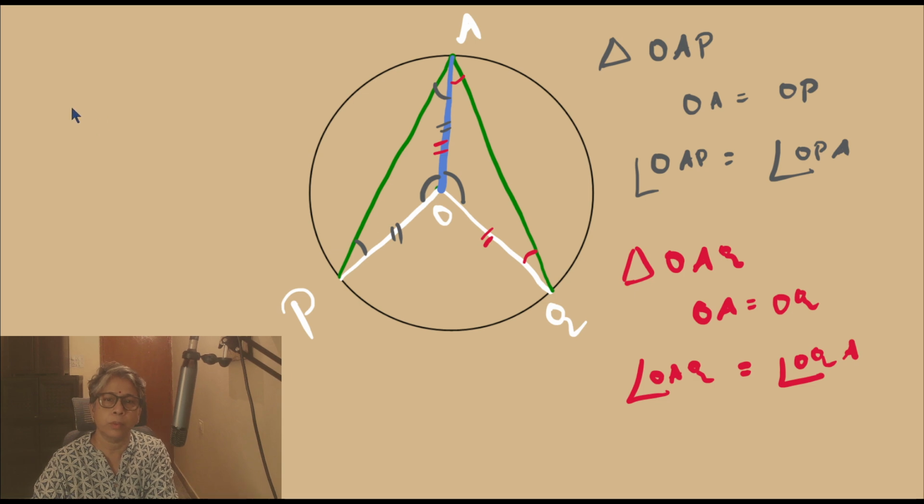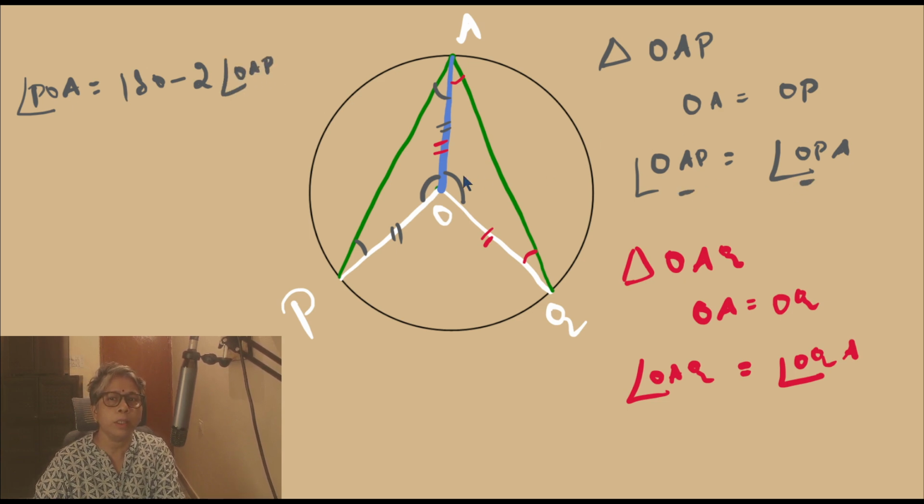This gray angle would be, or let me write the angles now. Angle POA is equal to 180 minus 2 times these two angles, OAP plus OPA, or I can even write 2 times angle OAP, because both are equal. I am replacing OPA by OAP.